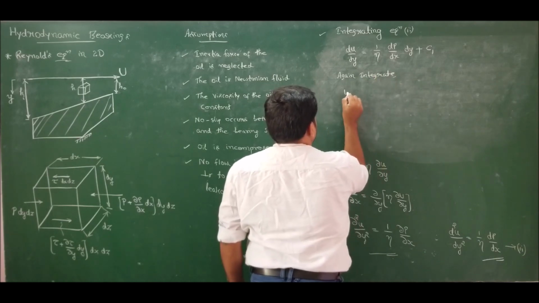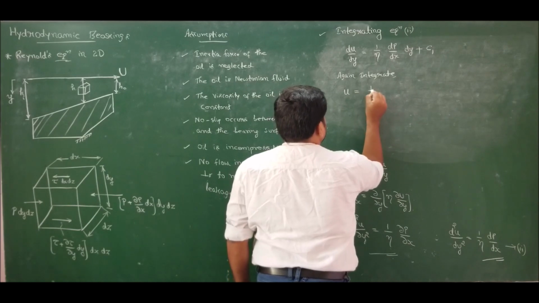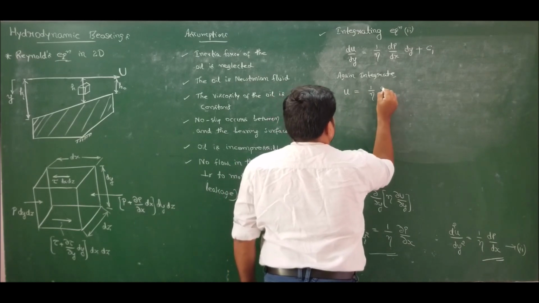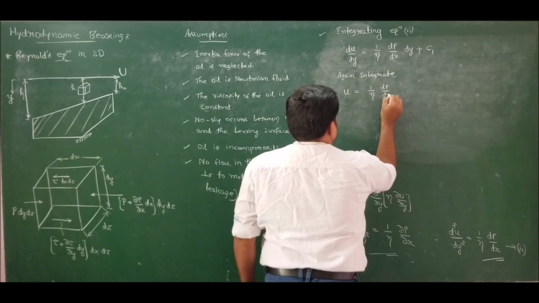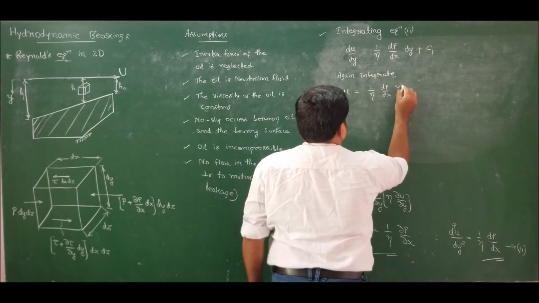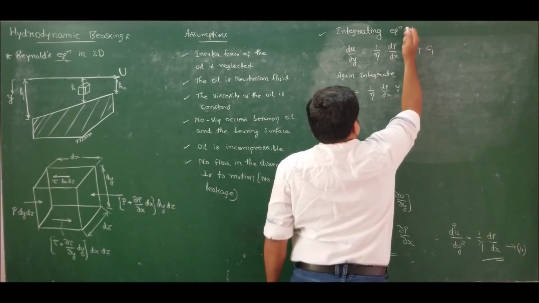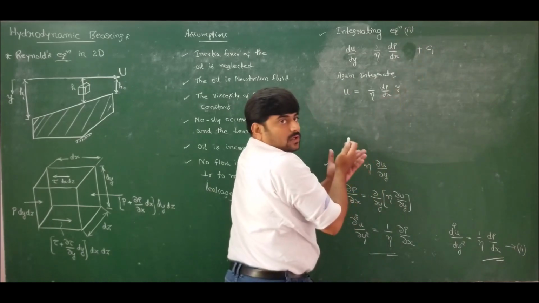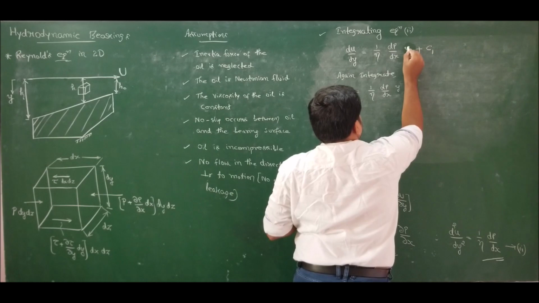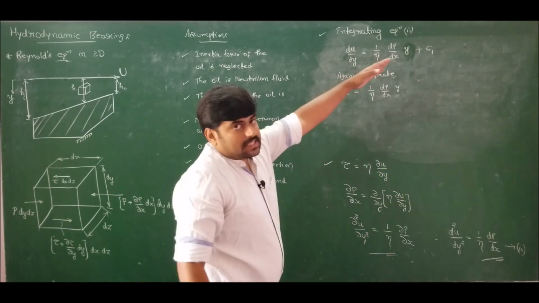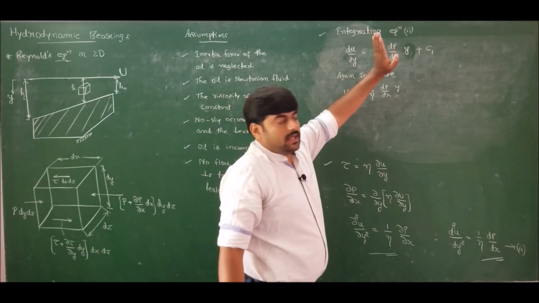If I integrate again, I will get u is equal to 1 by eta dp by dx. So integrate with reference to y. Integral of dy is y.